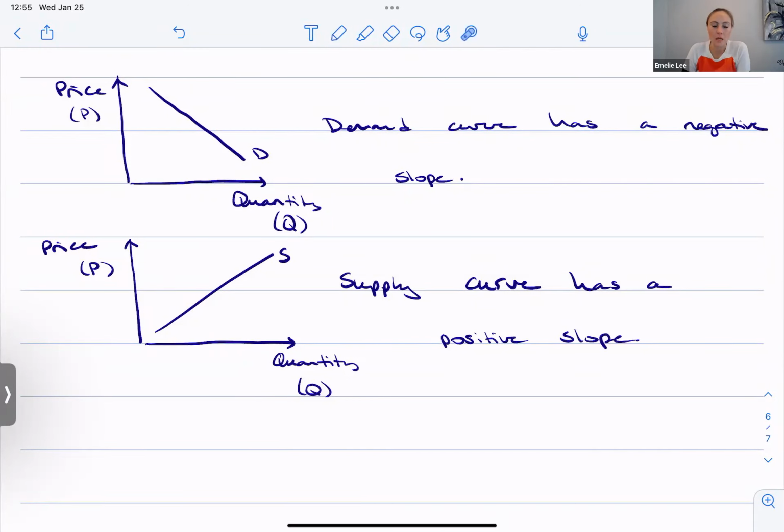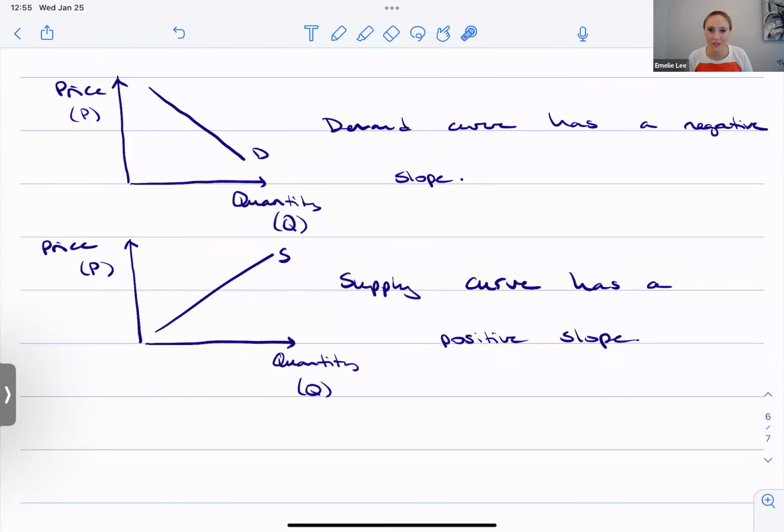Right? Makes sense. If you're the supplier, right, when the price is low, you don't feel like supplying very much, right? If the price is high, you feel like supplying a ton, right? And so then how you think about the quantity depends on which curve you're on, right? The supply and the demand curve.